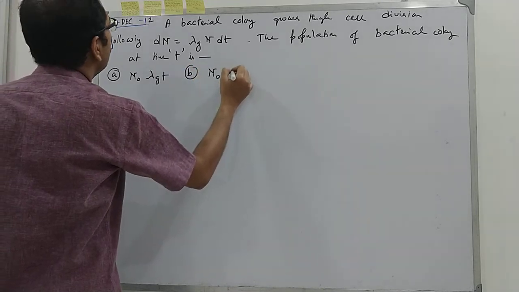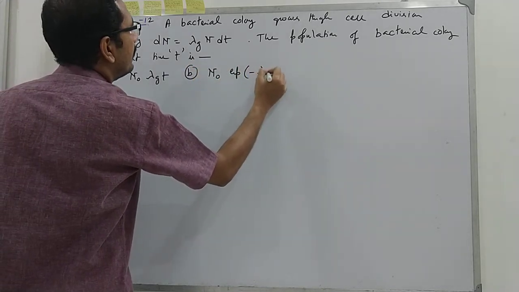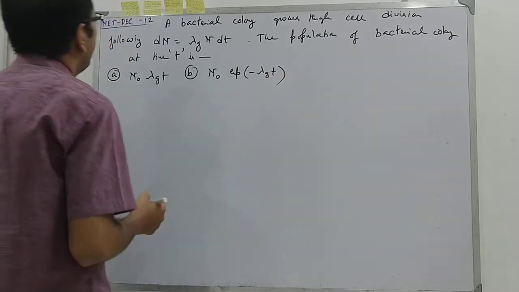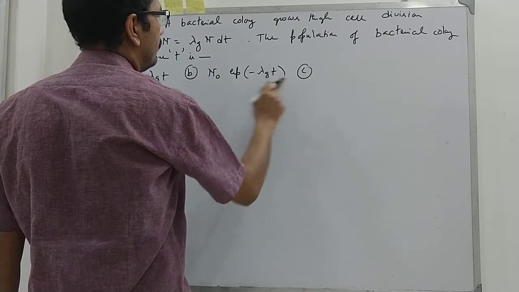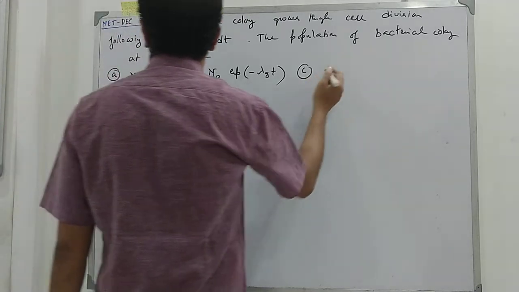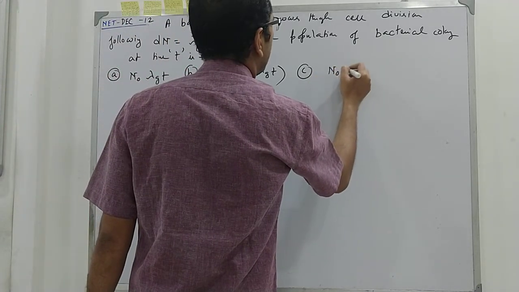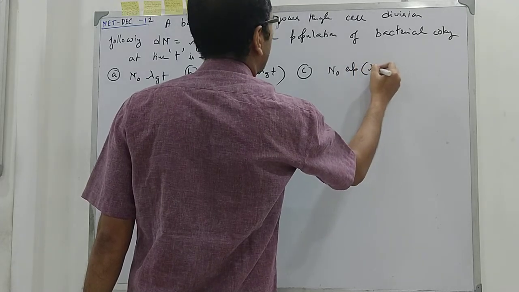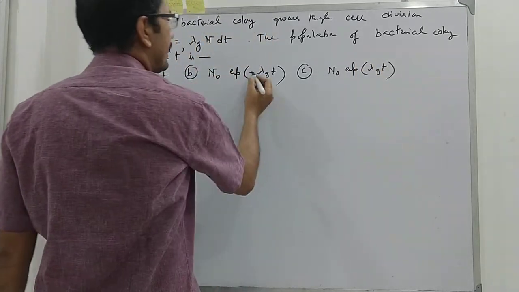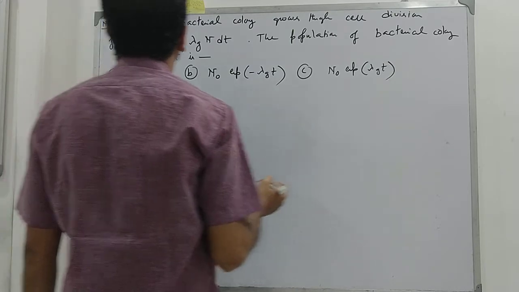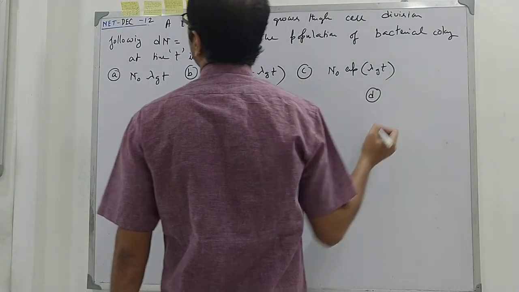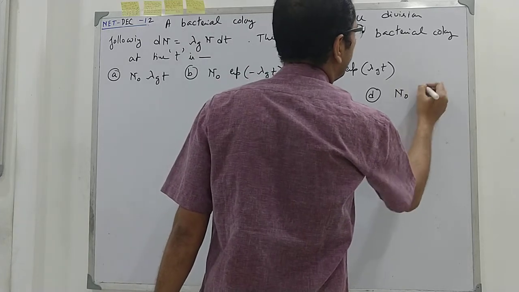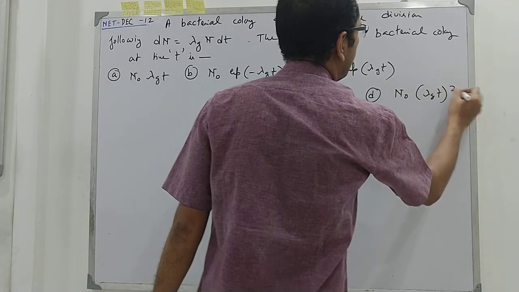Second option, N0 exponential minus lambda g t, and third option, N0 exponential lambda g t. This is negative, this is positive. And the last option is N0 lambda g t squared.